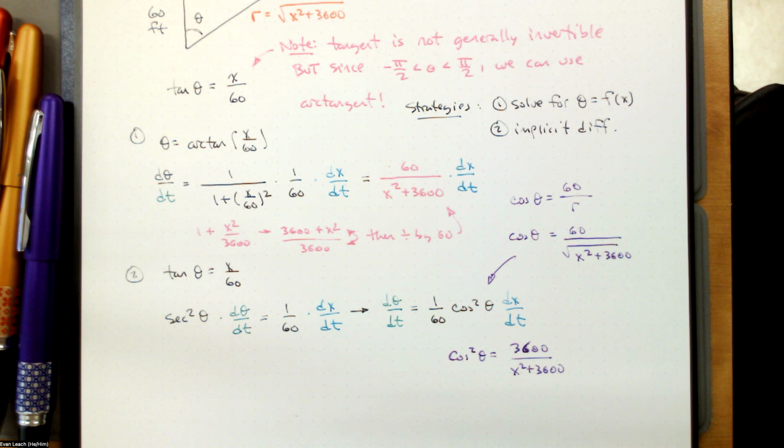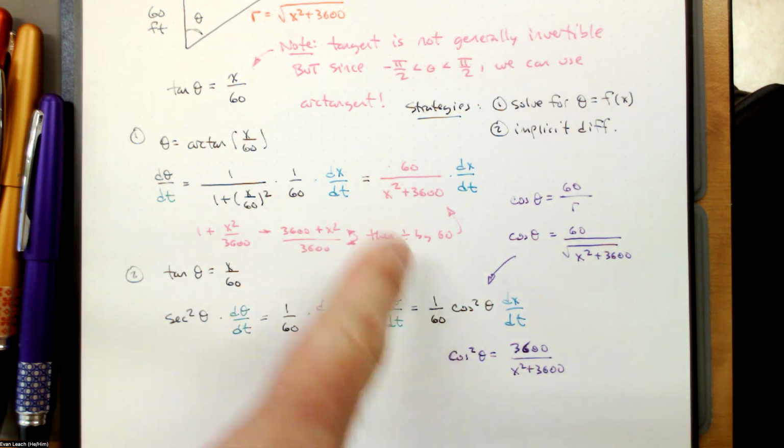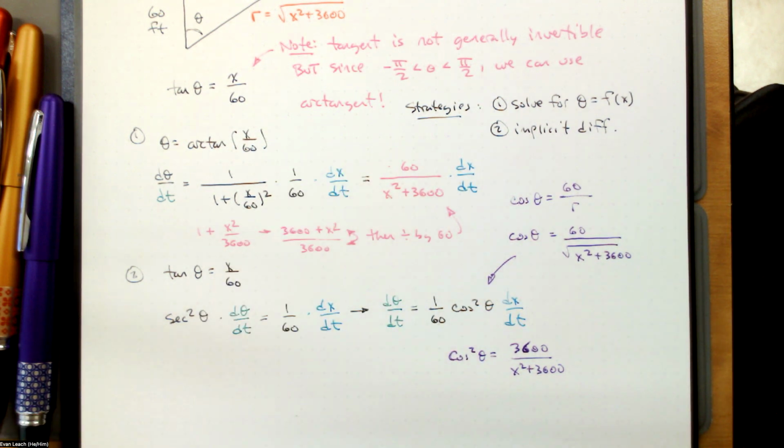And if we divide that by 60 for this 60 over here, we see that the expressions that we have are the same in both. So in this case, we don't even have to calculate what theta is. We can figure out how fast theta is changing because you were given different values of x. So we can calculate what theta is using arctangent, but we don't have to. We only care about what the cosine of theta is equal to.